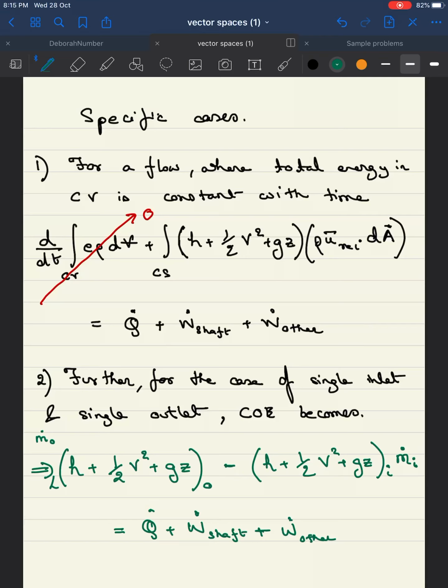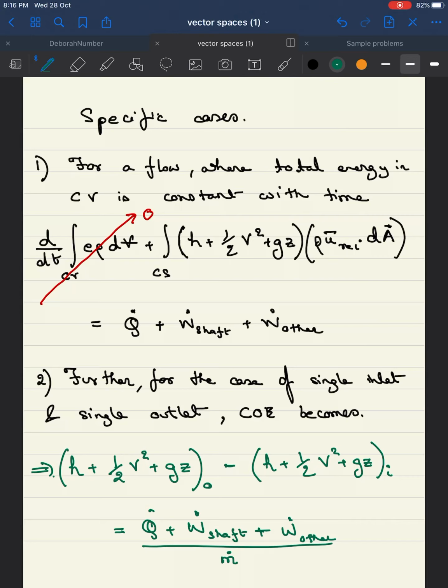Now if you have a single inlet and a single outlet and the flow is steady, then necessarily these two m's have to be the same. So what we can do is get rid of these m's on this side and instead just divide this entire thing by m dot, which is the mass flow rate through the system.